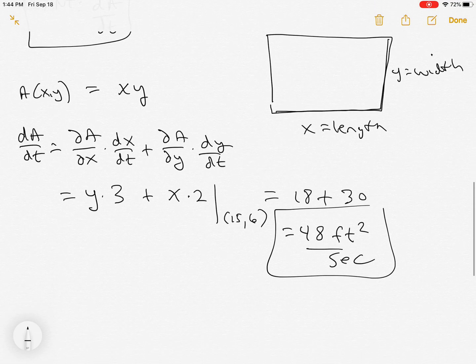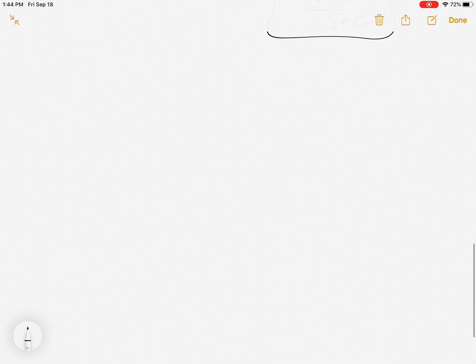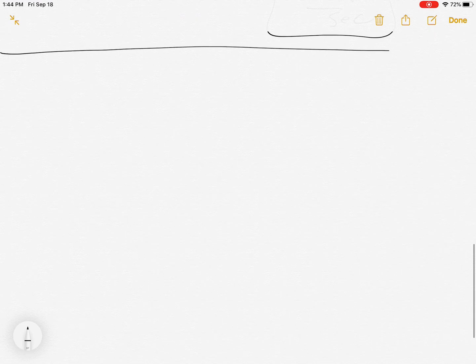Okay, so let's keep going with this, just to show you how cool the chain rule is. Once you get this second example, you can apply this to any number of variables.